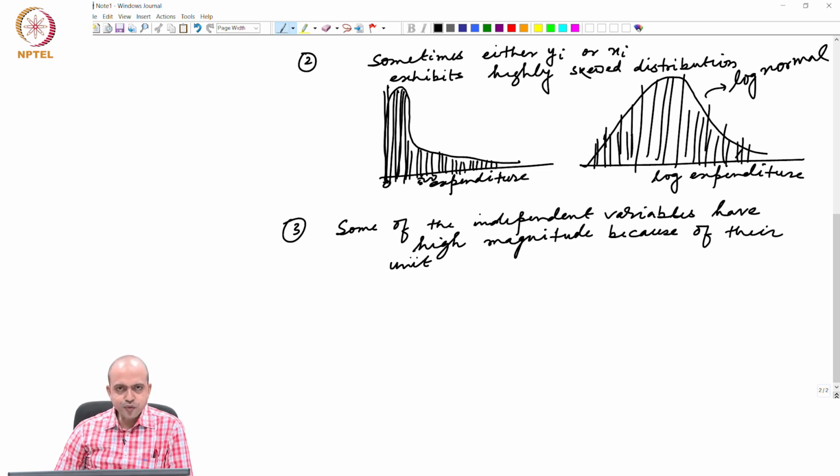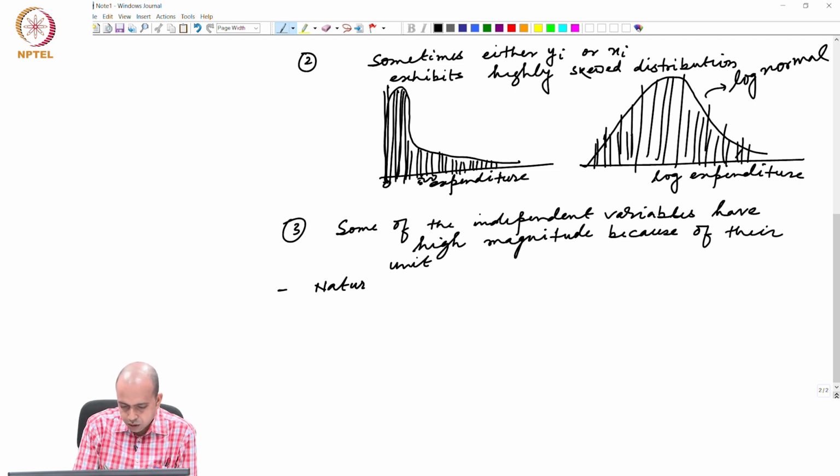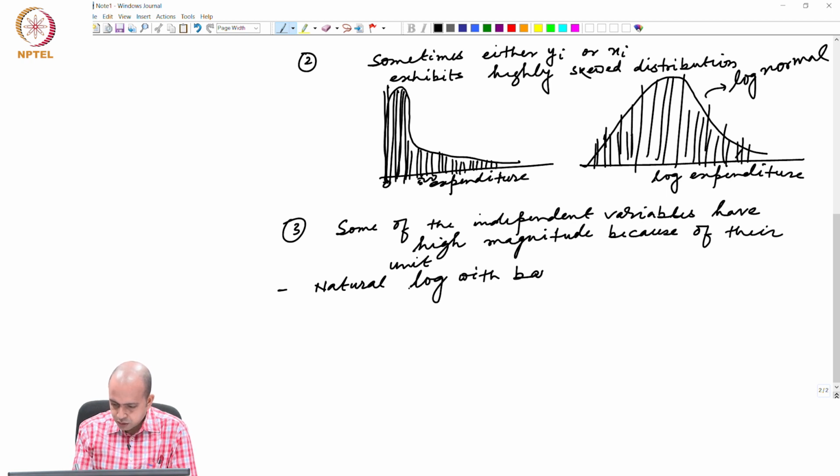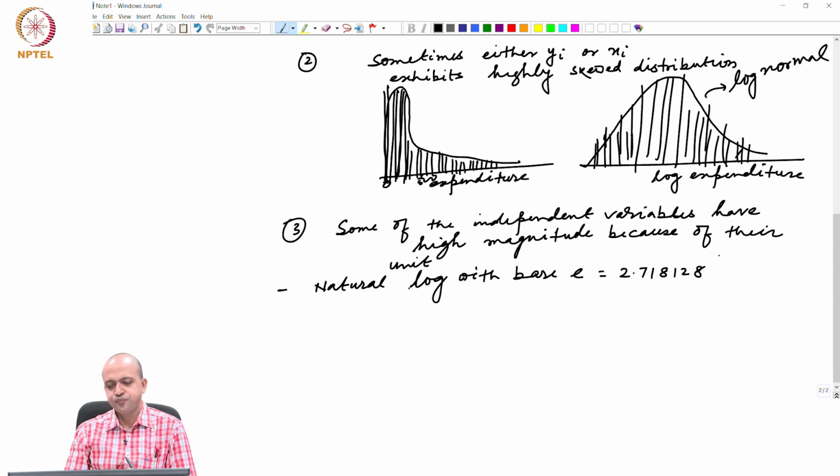And when we transform the variables into log, please keep in mind that here we consider natural log, with base e equal to 2.718, something like that.